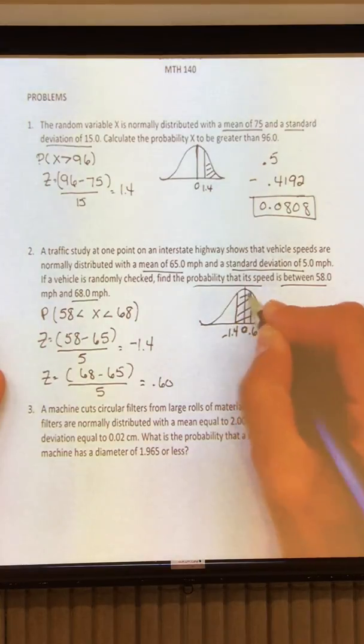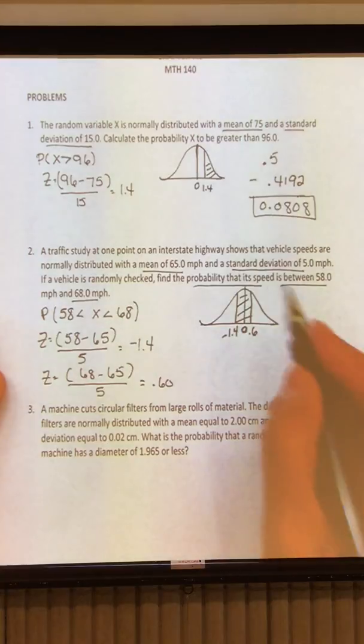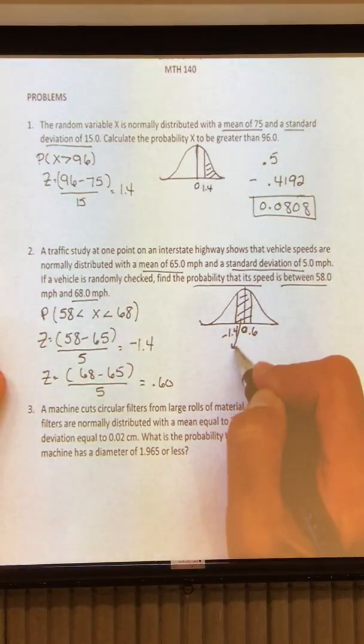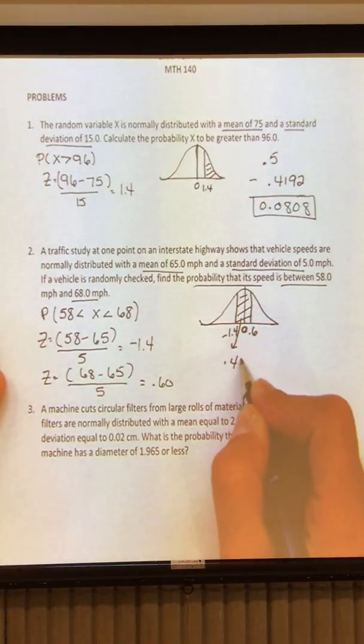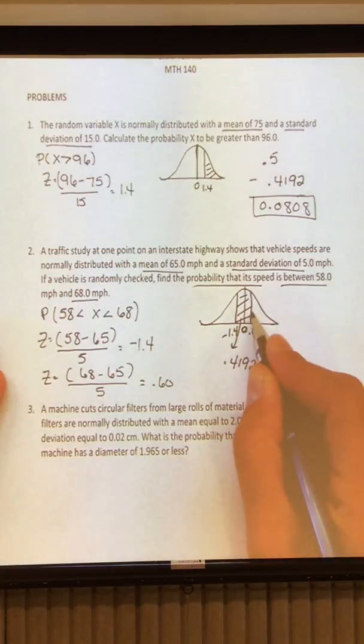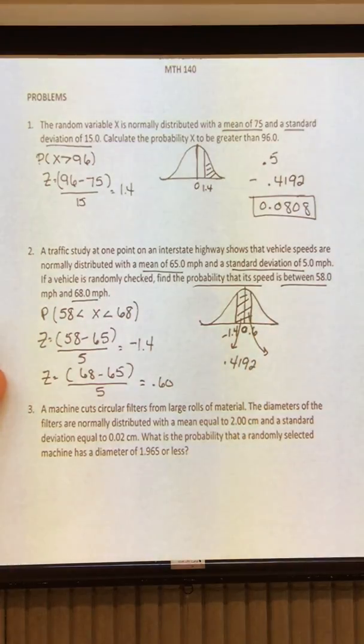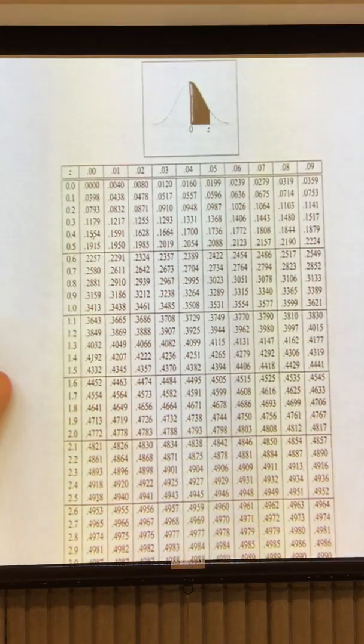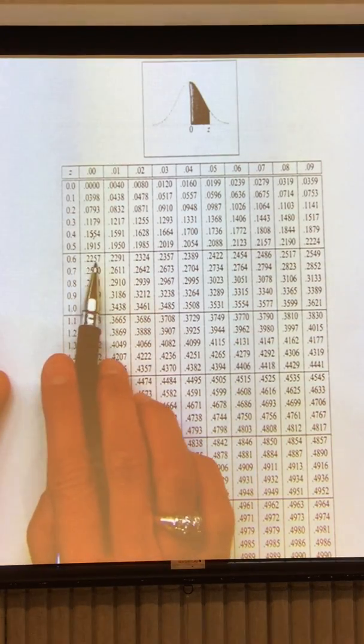So you want to find these two areas. You already know the area of 1.4 is 0.4192. And let's look at the area of 0.6. So the area of 0.6 is 0.2257.